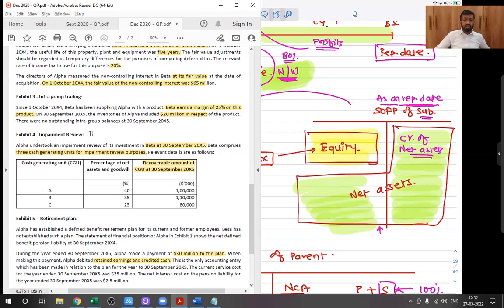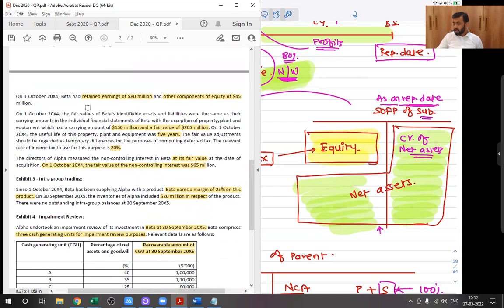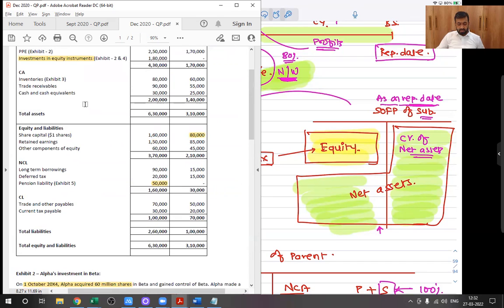However, we will not consider it because that specific exhibit has not required us to calculate the deferred taxes. However, for the fair valuation on acquisition, we are required to calculate the deferred taxes because they have specifically mentioned that. Correct? Using this, we are required to prepare the balance sheet.